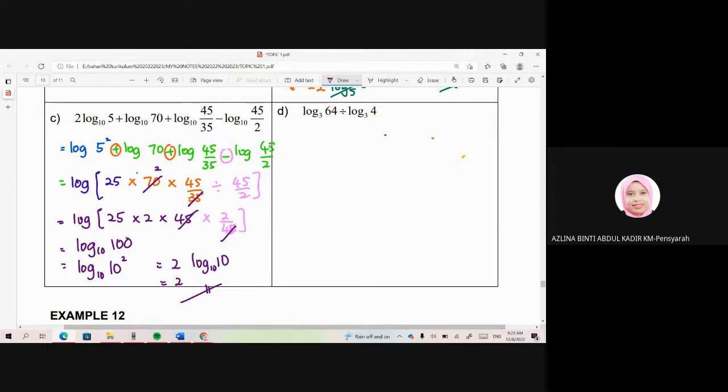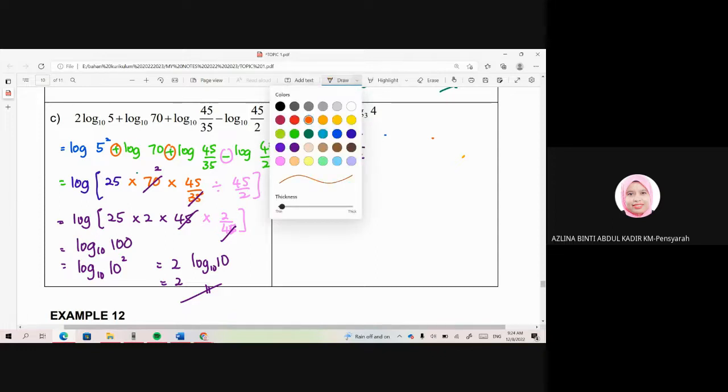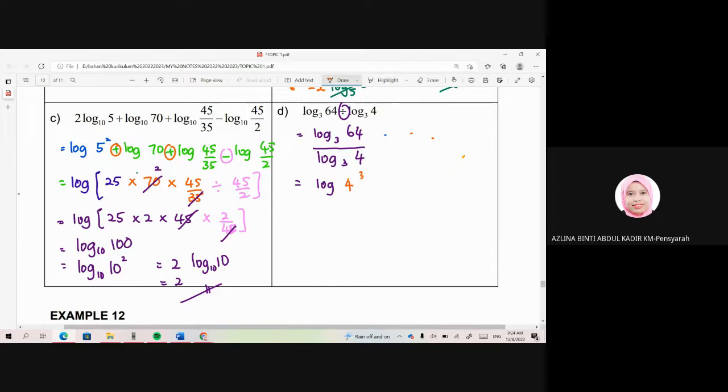Next example, D. Log 64 base 3 divided by log 4 base 3. You change the division sign to a fraction, over log 4 base 3. Now how to relate 64 and 3? We cannot change to base 3, right? So what we have is 64 is what? 4 cubed.